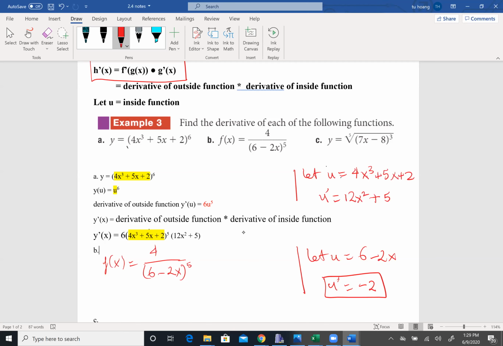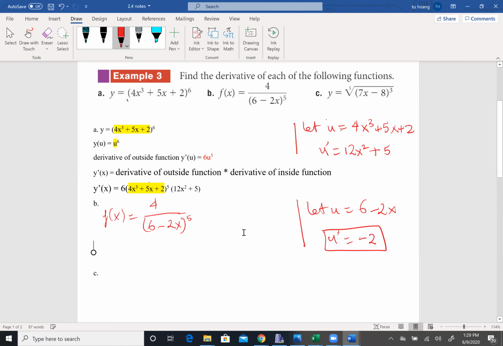You need to find the outside derivative, right? Actually, I'm going to rewrite f(x) as f of u, which is 4 over u to the power 5.